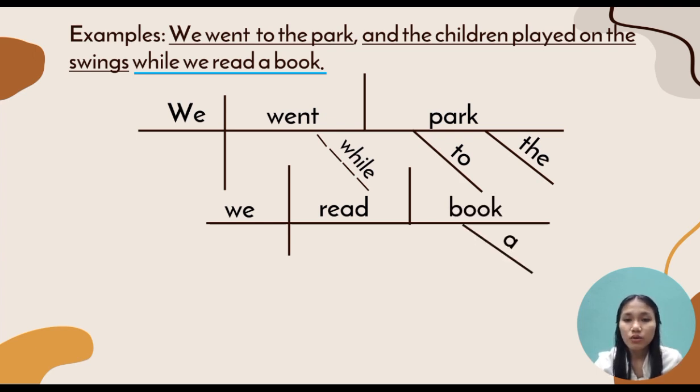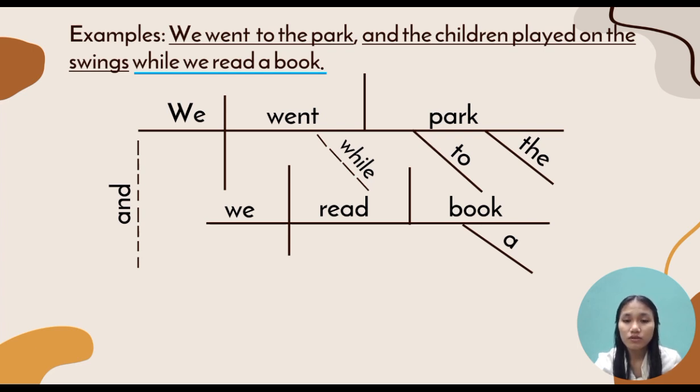Again, we are going to write our other independent clause, wherein it has a coordinating conjunction. For our coordinating conjunctions, we have the mnemonic FANBOYS. FANBOYS stands for for, and, nor, but, or, yet, so. For the coordinating conjunctions, we are going to make use of a broken line, and is our coordinating conjunction.